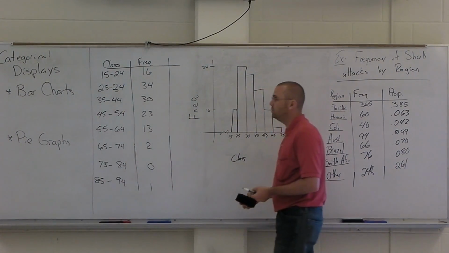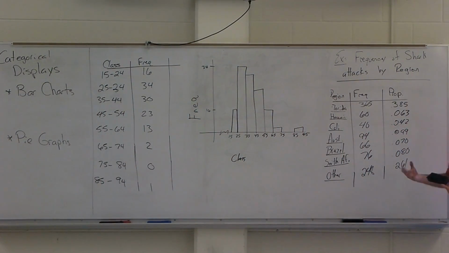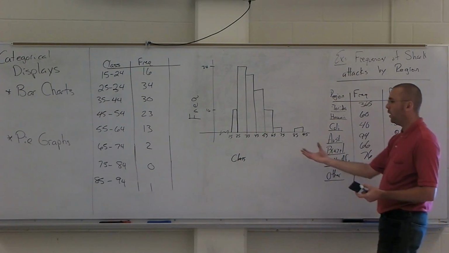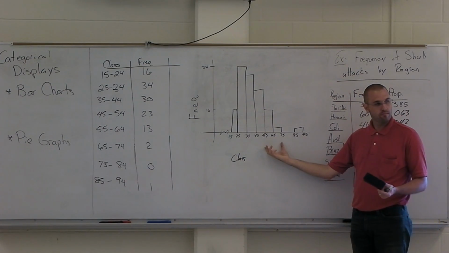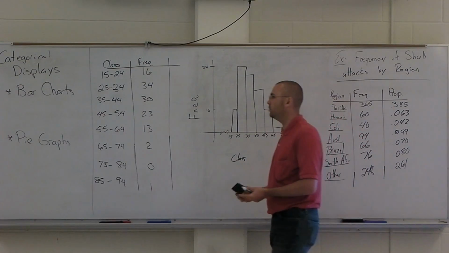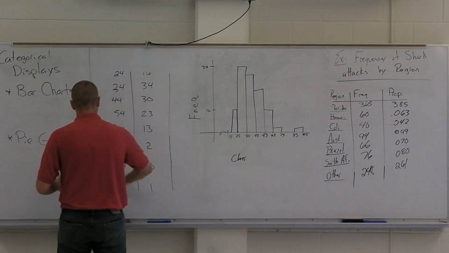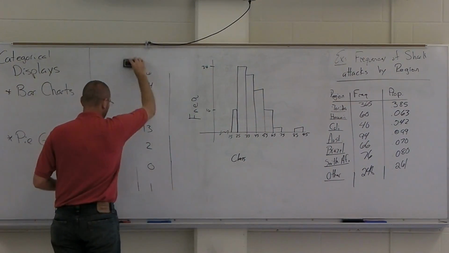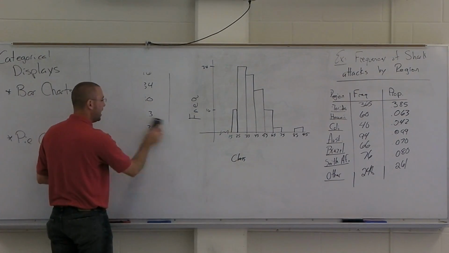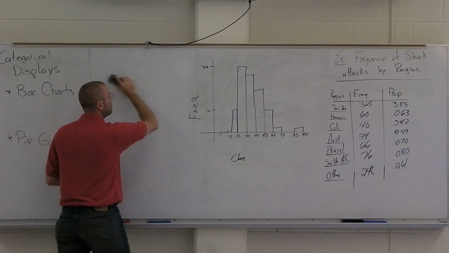We can take this data here and we can create a bar chart in a very similar way to what we did here. There are some subtle differences. A bar chart has the categories listed across the bottom.